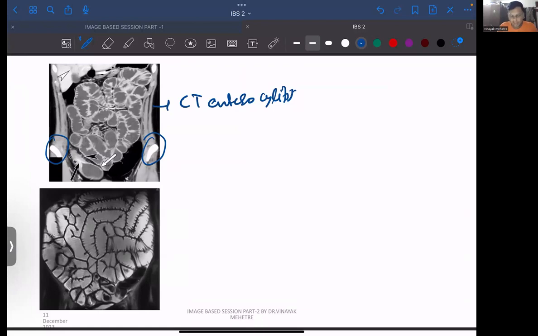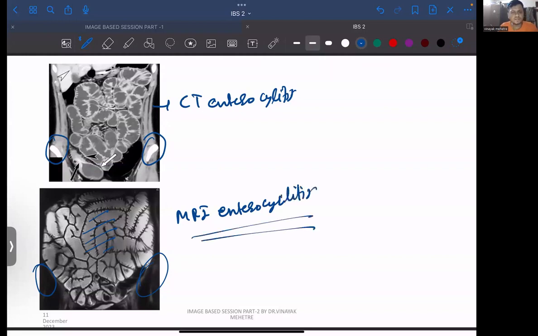And if the MRI of the abdomen is there, bone will be black and more shadow in the organ is called as MRI. Okay, both has been asked.